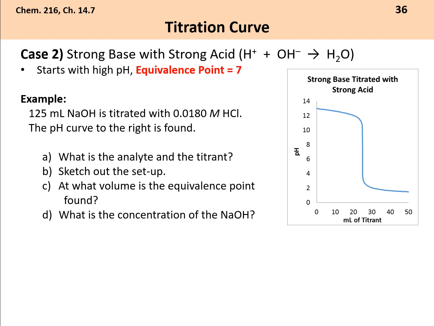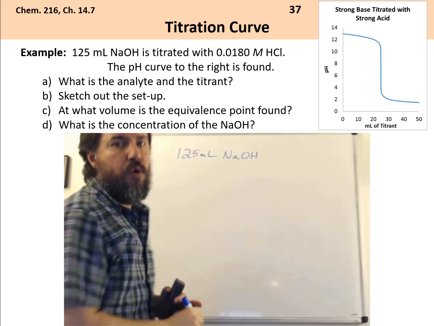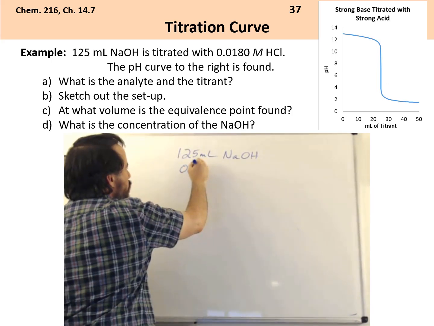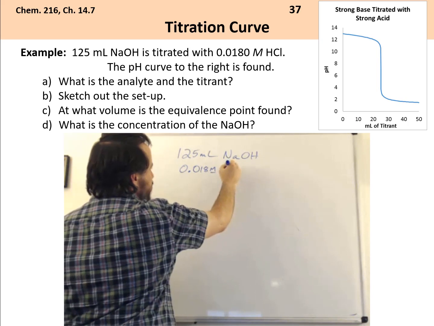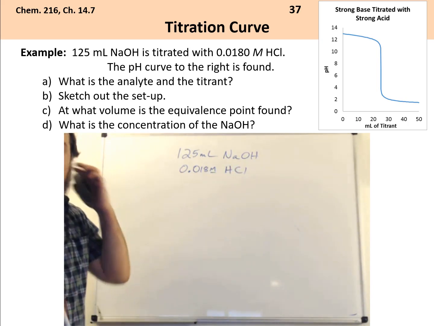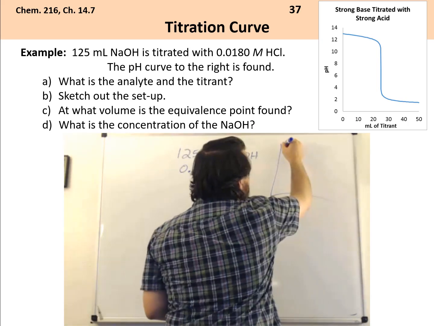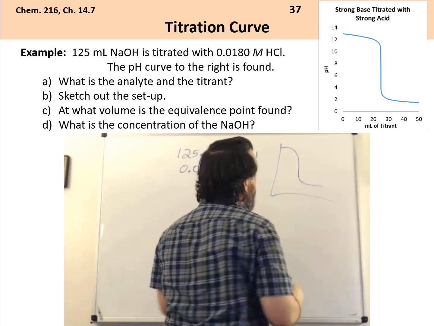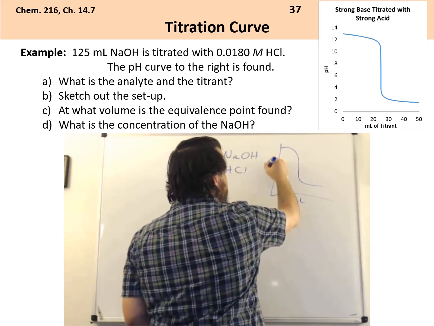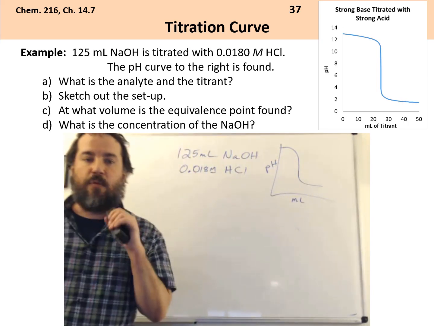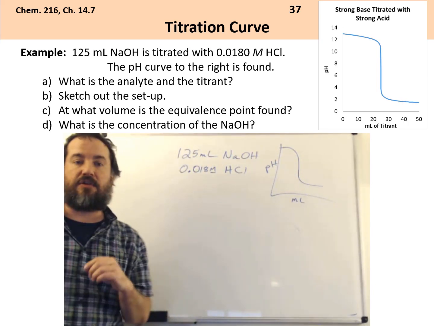So let's say we have 125 mLs of NaOH, and I titrate that with 0.018 molar HCl. We have this curve, where this is mL and this is pH. And we want to go ahead and answer these questions.